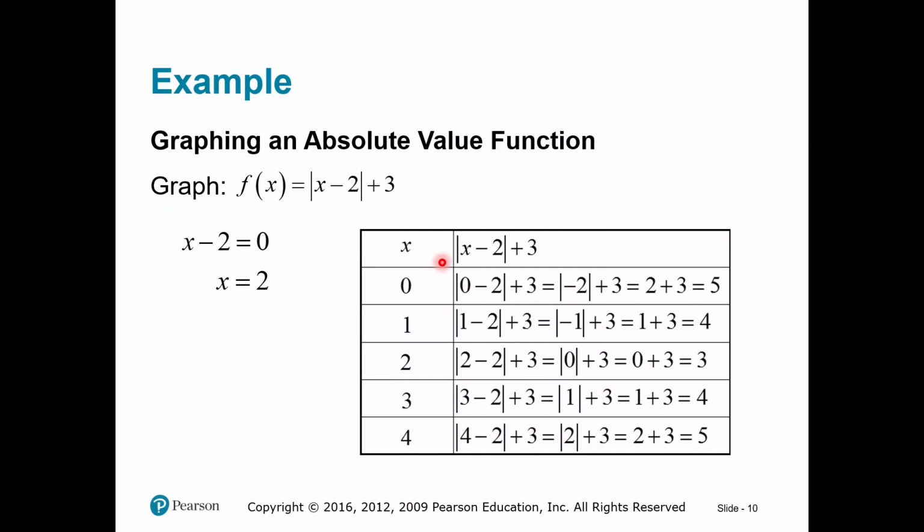Here's the table. When x is 0, the absolute value of 0 minus 2, plus 3, then 0 minus 2 plus 3 will be 5. 0 and 1, these two are less than 2. 3 and 4 are bigger than 2.